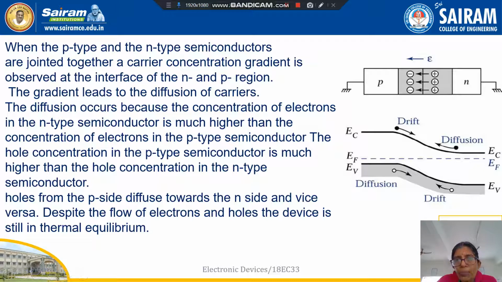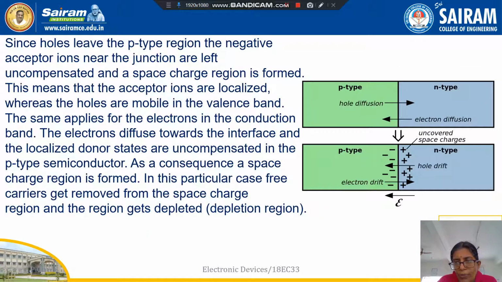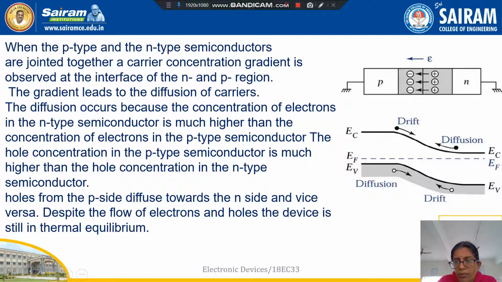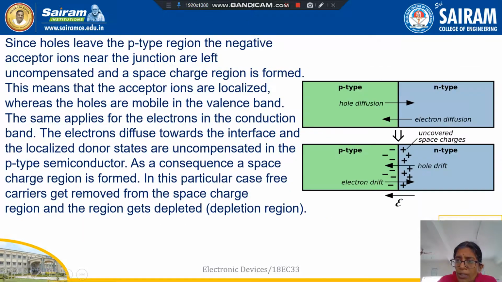This will give me a new concept called drift. So what is meant by drift? Because of the developed electric field here, even though it opposes the flow of majority carriers, this positive charge will try to attract the electrons from the p region, and similarly this negative charge will try to attract the holes. That is, the movement of minority carriers happens because of the developed electric field.